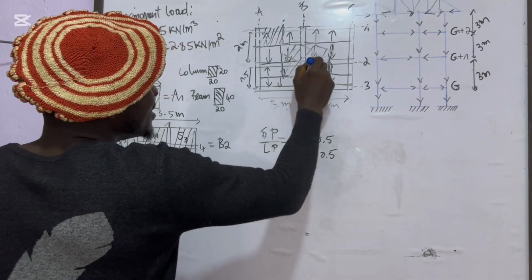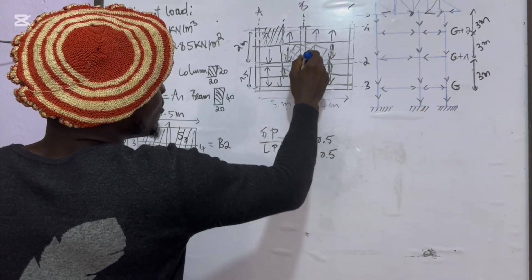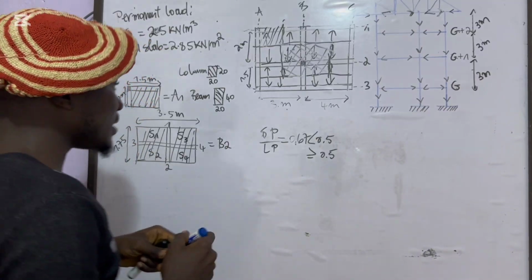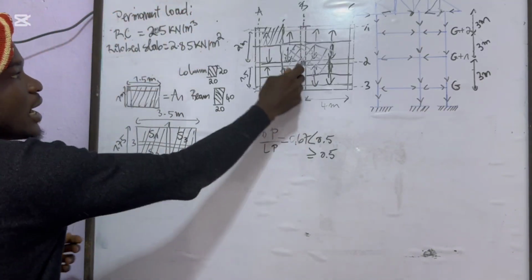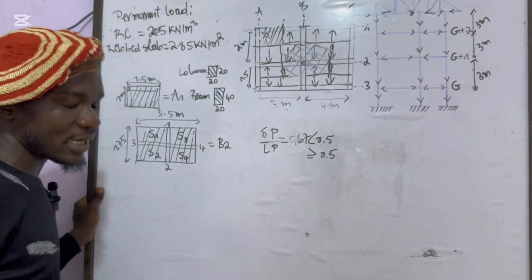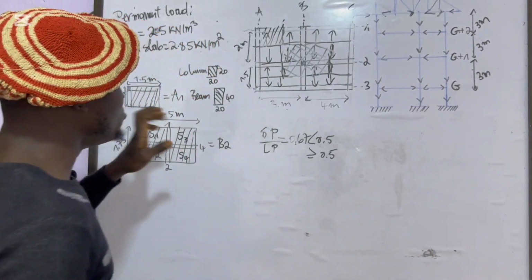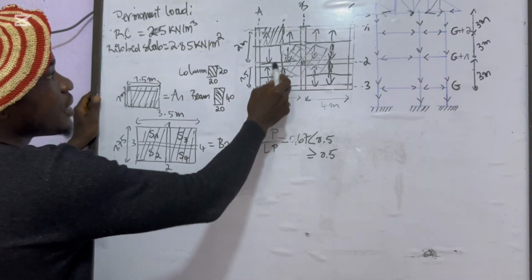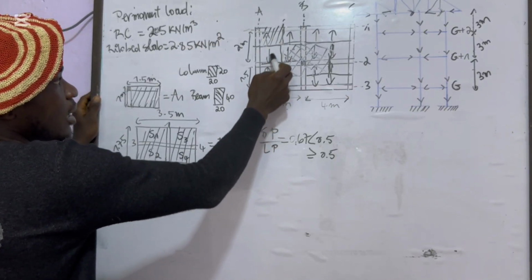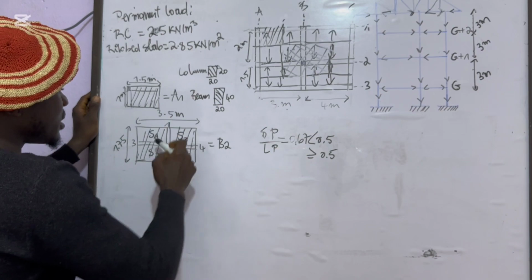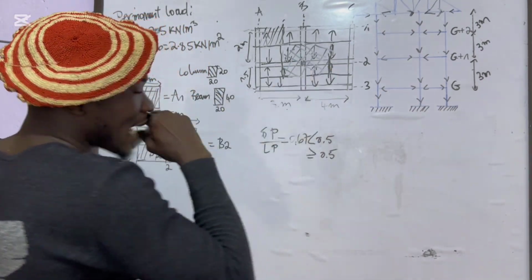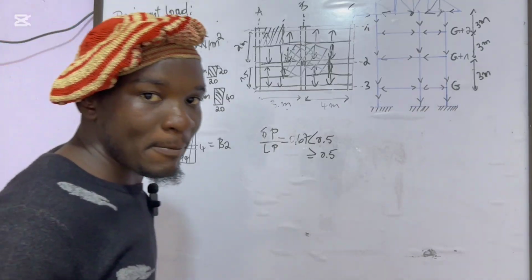You can easily see that the influence area of column B2, which is located at the center of our structure, is bigger than the influence area of column A1. Even if you take the influence area of column A2, B2 still has the biggest influence area. So this column is carrying the most according to the permanent load.